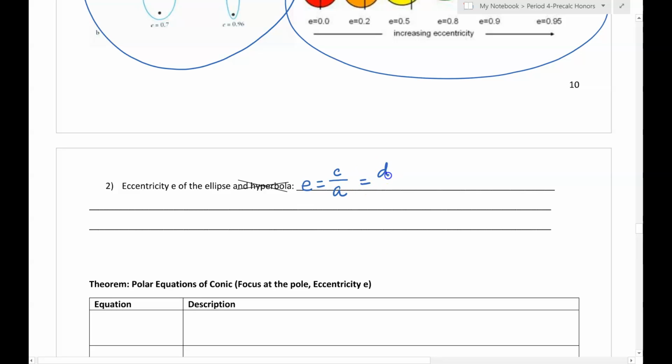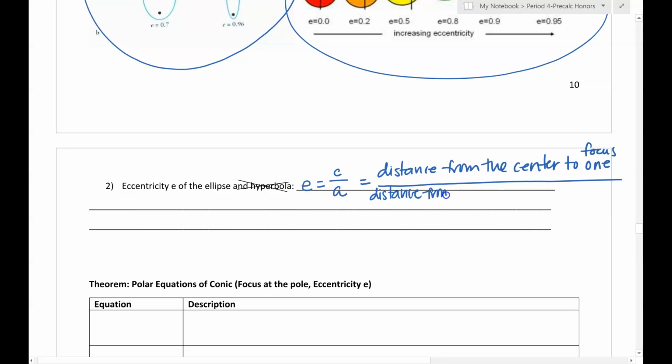C is the distance from the center to one focus, right? One focus. Okay. Then A is the distance from the center to one vertex.